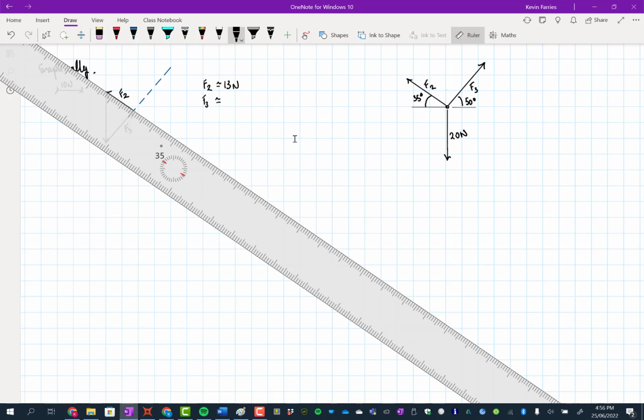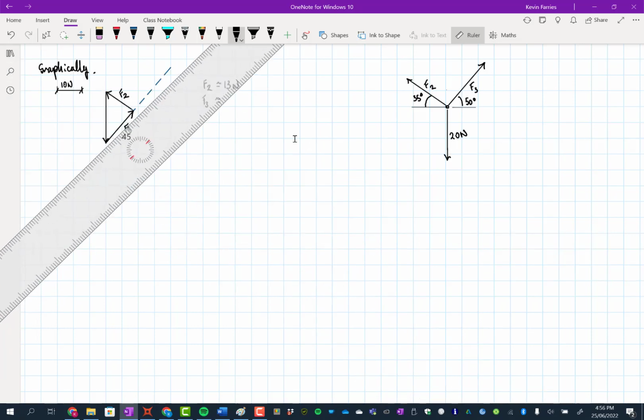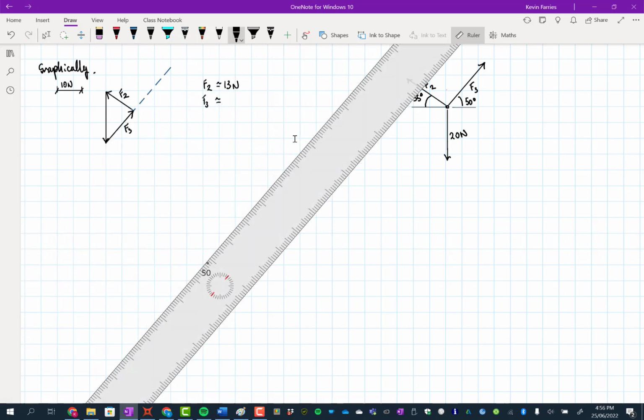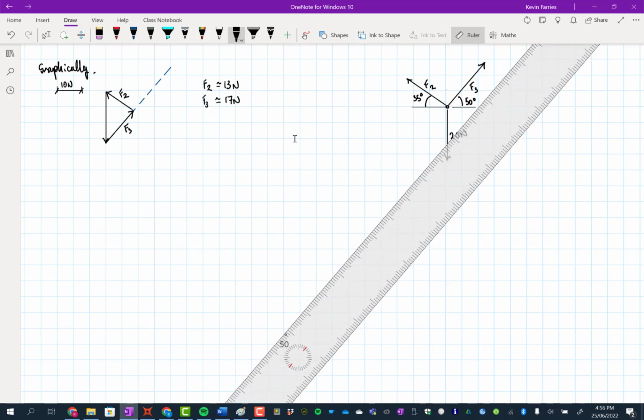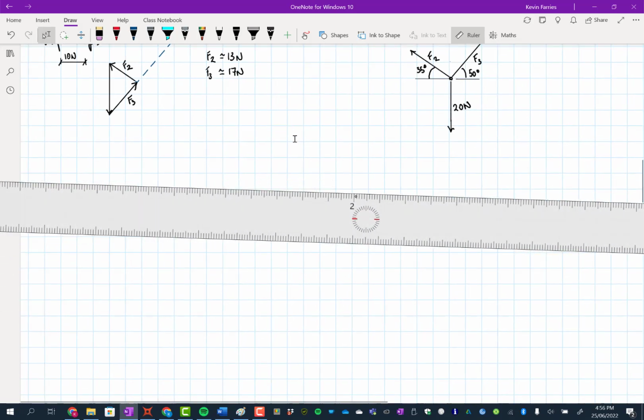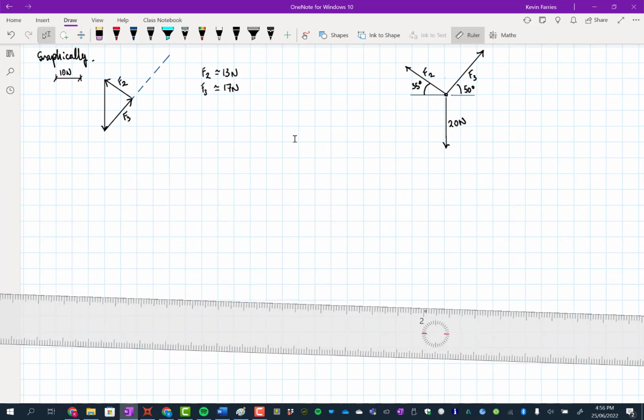F3 must be approximately equal to 10, 15, 16, 17, so approximately 17 newtons. Okay, so that's okay.